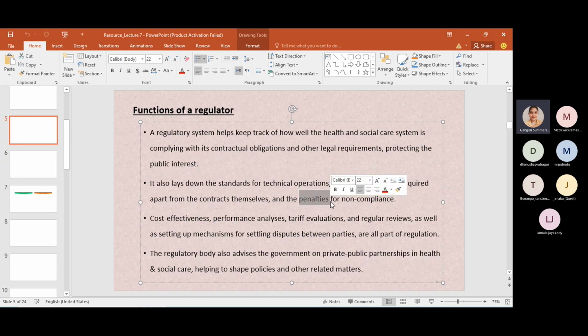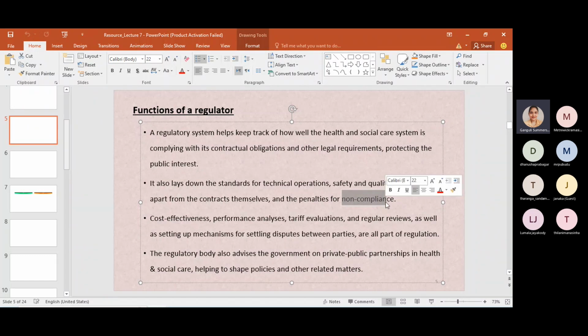You will be penalized for non-compliance. The regulators have the power to penalize you for not following the standards or legal requirements.